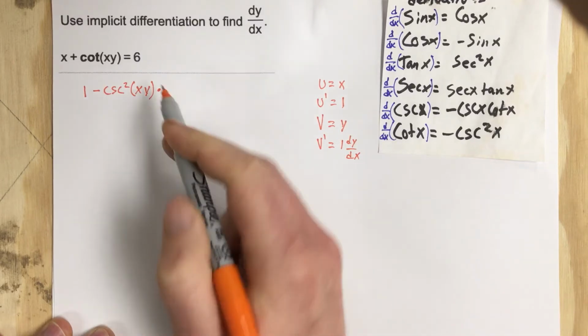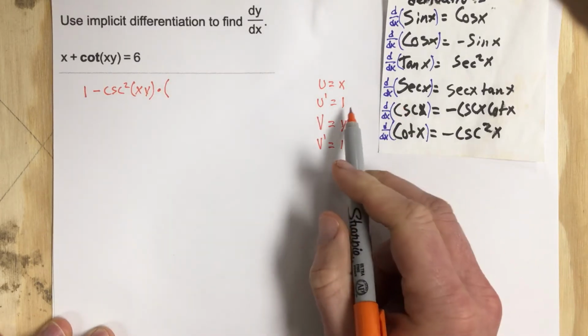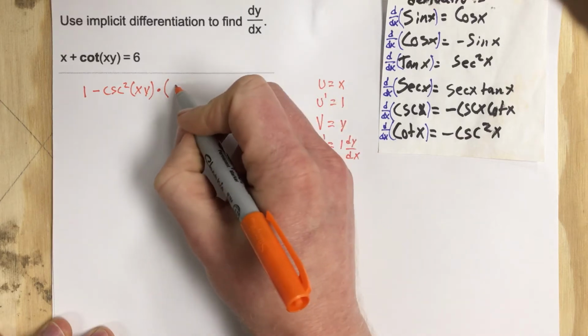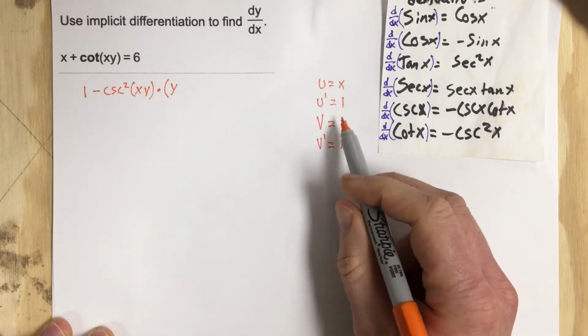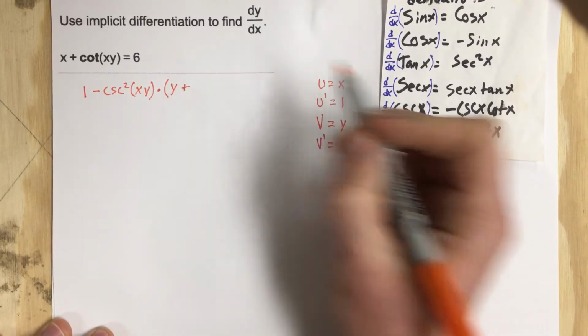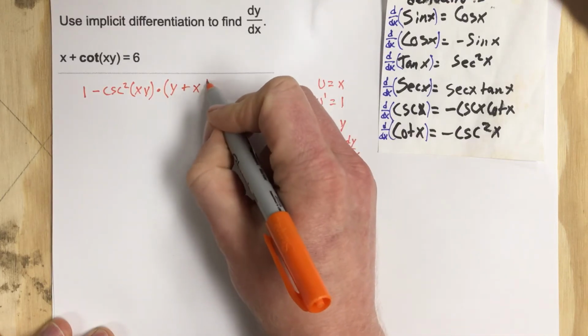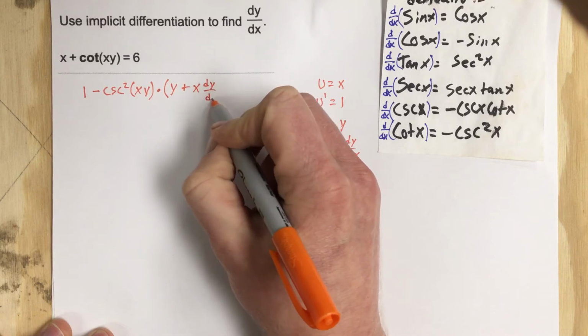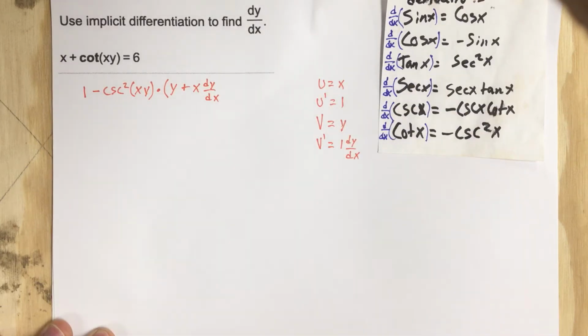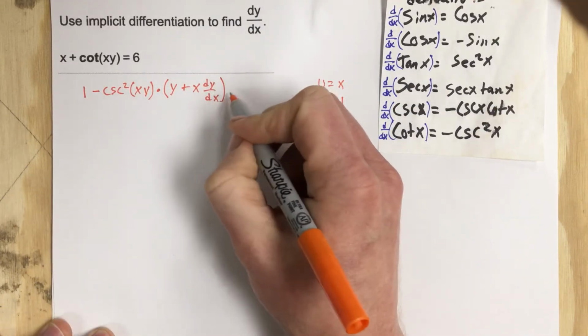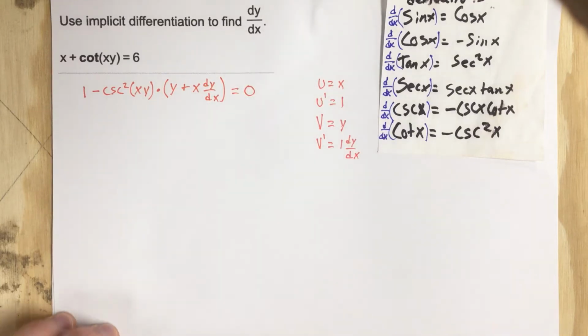So when I multiply this, I end up with 1 times y, which is y, and then plus x times dy over dx, so that'll be x dy over dx. All right, we don't worry about the 1 written right there. And this is all going to equal 0.